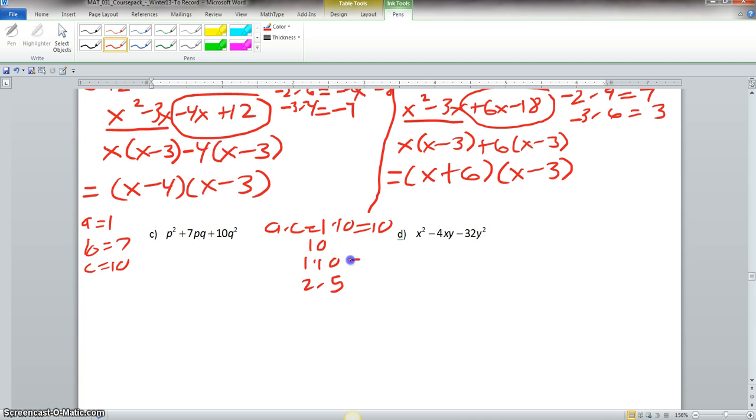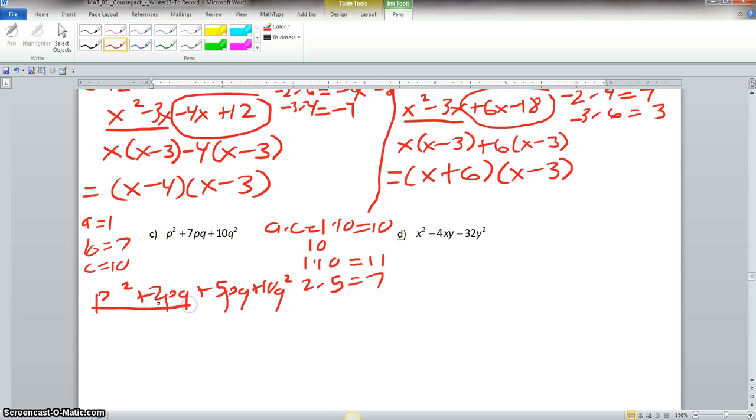And since everything is positive, we could just add them together. So we got 11 and 7. We were trying to get 7 for B, so we'll substitute. So we would have P squared plus 2PQ plus 5PQ plus 10Q squared.